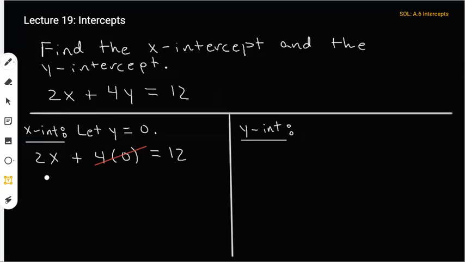So what am I left with on the left side? Just a 2x. And what am I left with on the right side? A 12. So now I just need to find some way to get x by itself. Since I'm multiplying x by 2, I'm going to do the opposite to both sides. I'm going to divide both sides by 2.